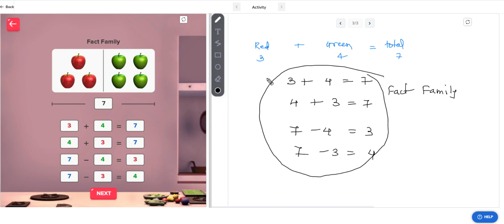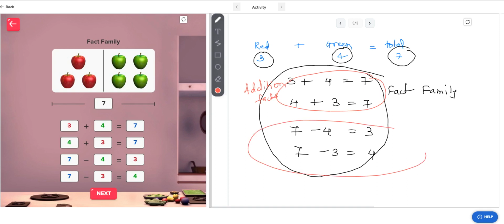Okay. So these 3 numbers that you see here are the members. And these 2 statements that you see here are addition facts. What are they? They are the addition facts. And these 2 statements that you see here are your subtraction facts.